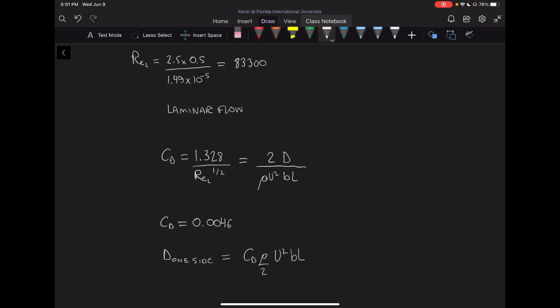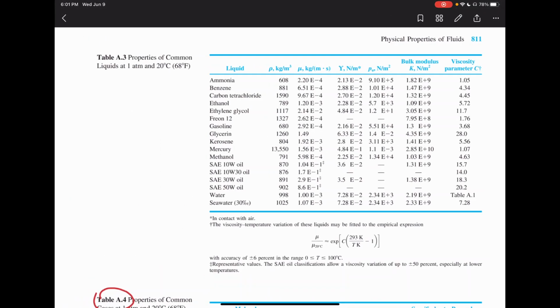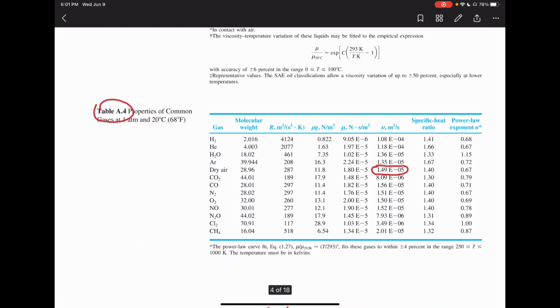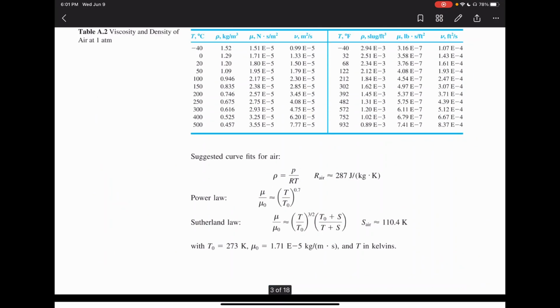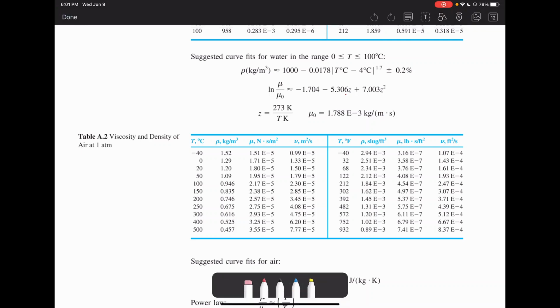And so we need our density of air as well. The density of air can be found from our charts once again. If we go to air at 1 atmosphere, we can find its density at 20 degrees. We can see that at 20 degrees, we have a density of 1.2.